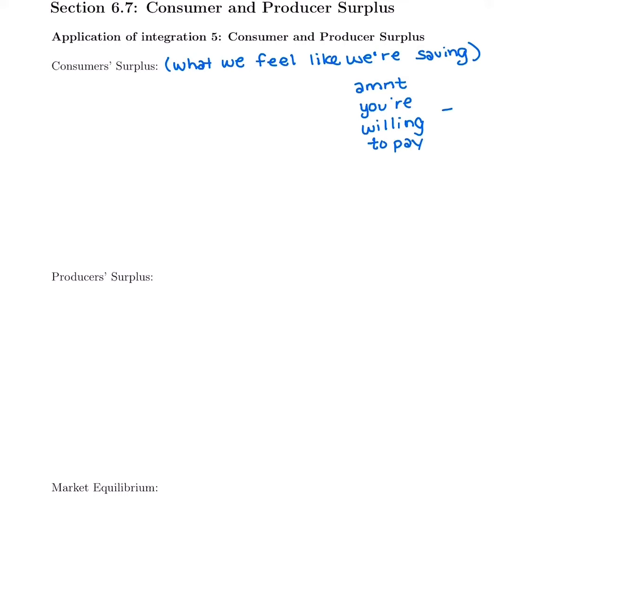Something I buy every year is new workout shoes, because I lift most days in a week and I want to make sure that I have comfortable shoes. Normally I'm willing to spend around $120 maybe for a nice pair. So I go into the store thinking, hey, I'm willing to pay $120, but that doesn't always match up with the amount that I actually pay. So you have the amount you actually pay.